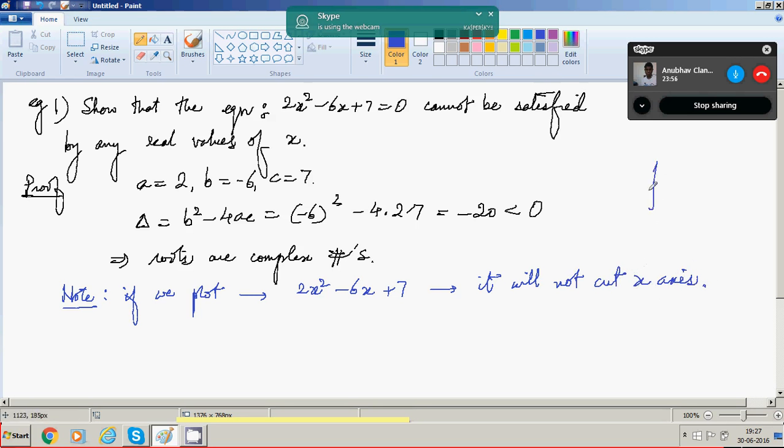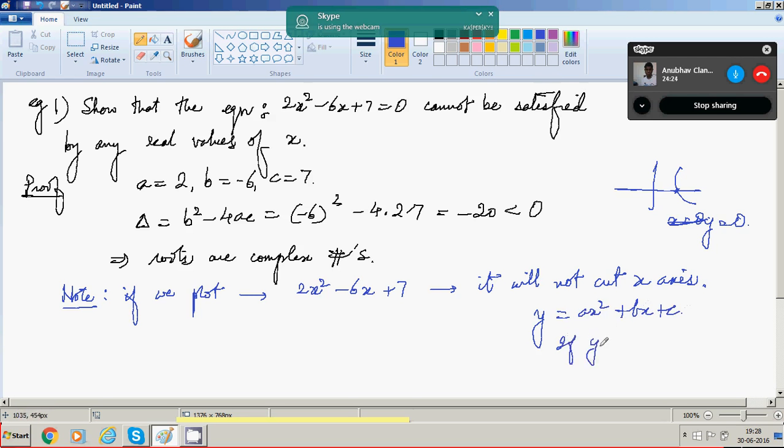Because what happens is that if a graph cuts the x-axis, then at that point the x-coordinate is equal to 0. Sorry, the y-coordinate is equal to 0. Yes, sir. So here what we mean is that this is the function ax squared plus bx plus c.